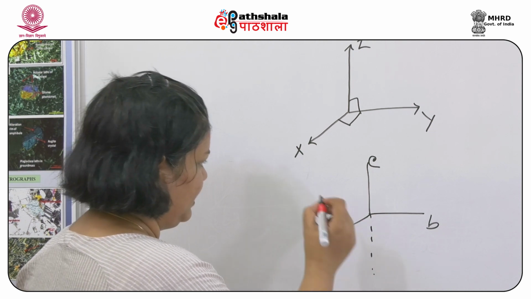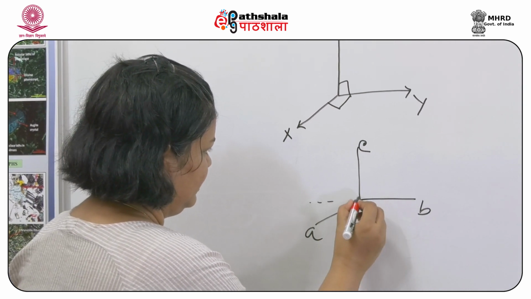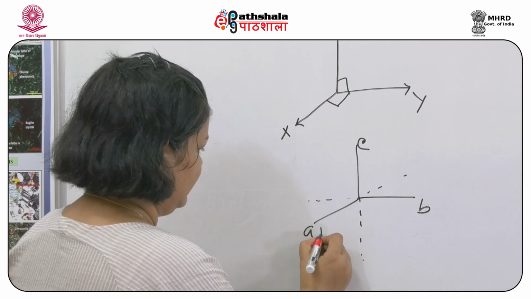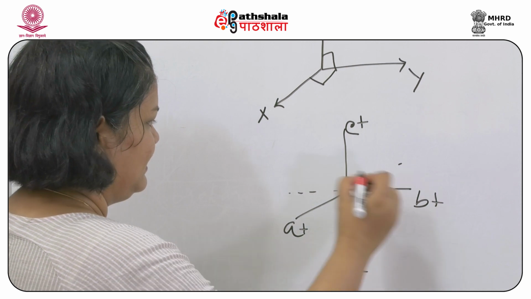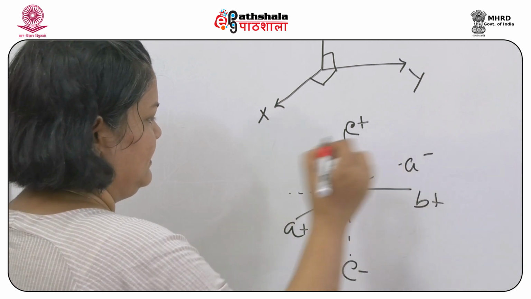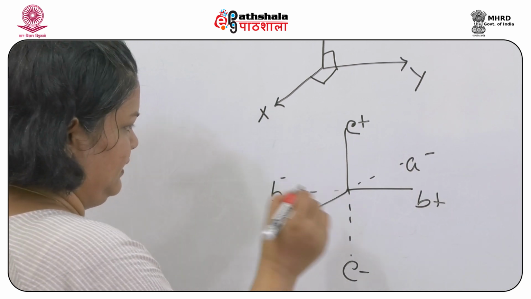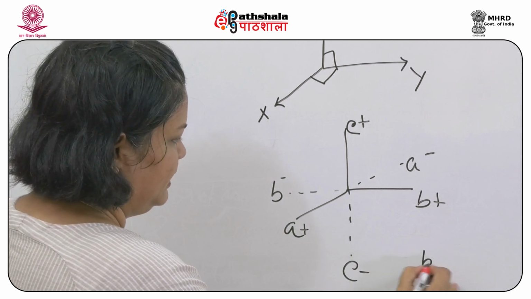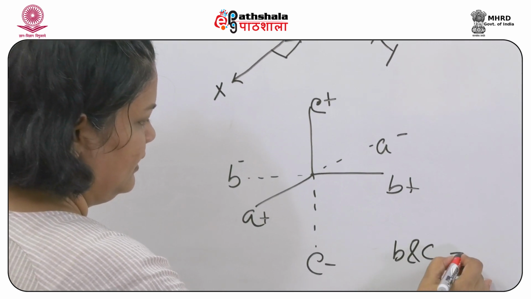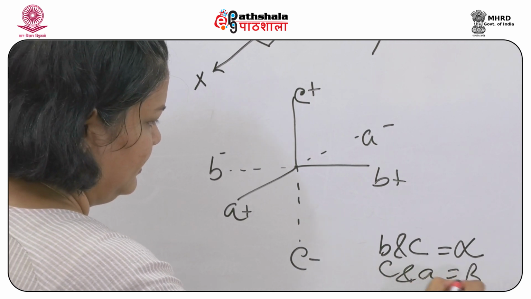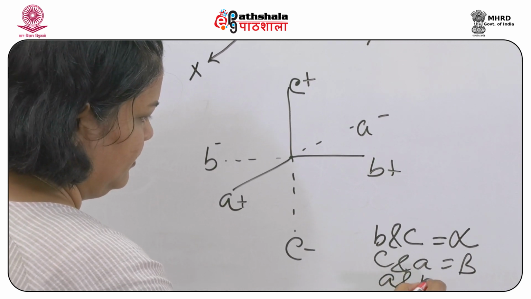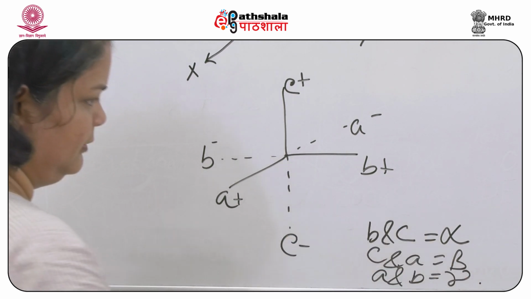Actually, we have a three-dimensional object, so we have a negative coordinate as well. Here A is positive, here B is positive, here C is positive, we have C negative here, A negative here, and B negative here. And the angle between B and C is the alpha angle, between C and A is the beta angle, and between A and B is the gamma angle.